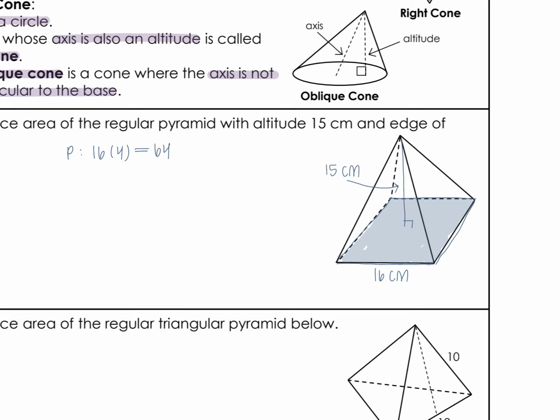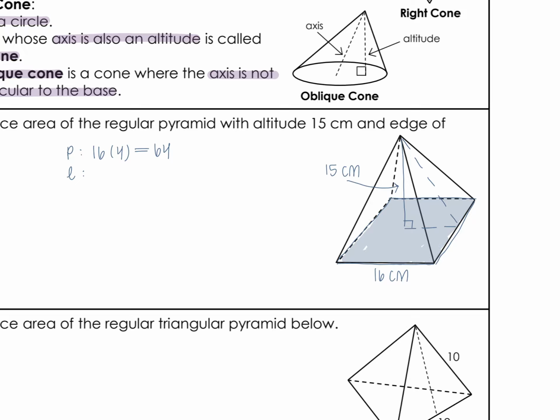Then we have our L, our slant height that we're looking for. I do a little cursive L just so y'all can see the difference. And so here, that slant height would be along here, which I don't know that length. But what is going to happen is I am going to use Pythagorean theorem to find it.